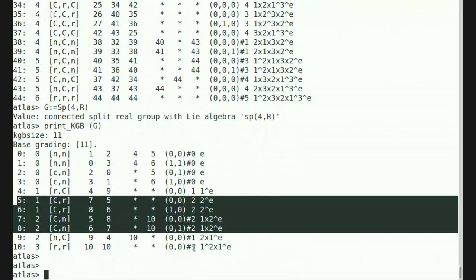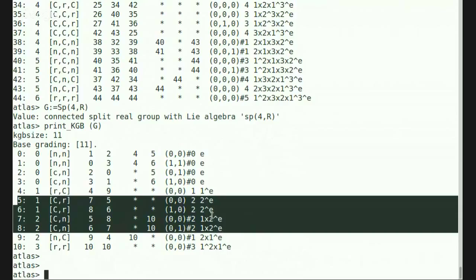And you can see the picture that I talked about. I don't want to bring it up again, but in the picture of KGB, you see this last element is the element of the Weil group. So this is saying that the fiber over this element of the Weil group has 2 elements, KGB elements 5 and 6, and then 7 and 8 are lying over this element.